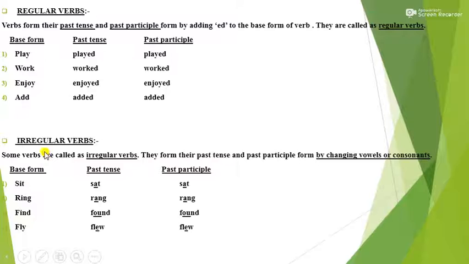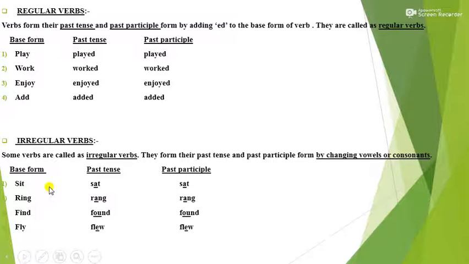Now see, what are the irregular verbs? Some verbs are called irregular verbs. They form their past tense and past participle form by changing vowels or consonants. Examples, base form sit, past tense sat, past participle form sat.